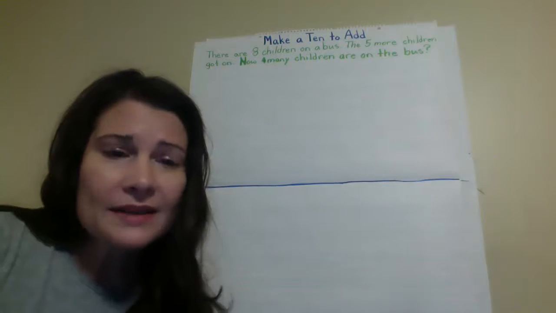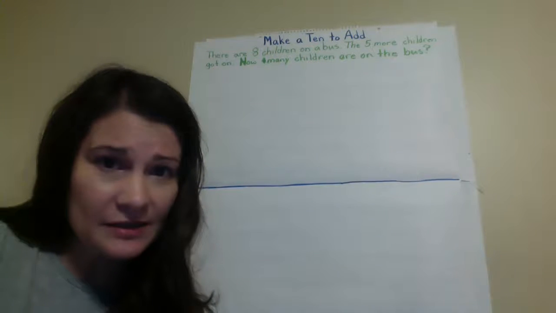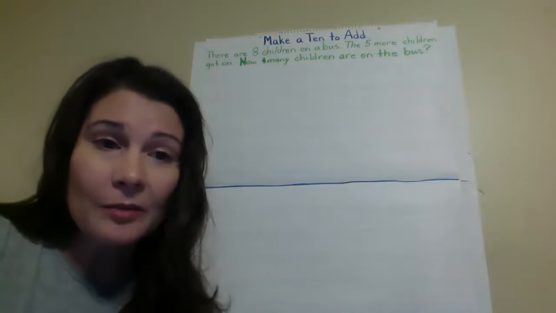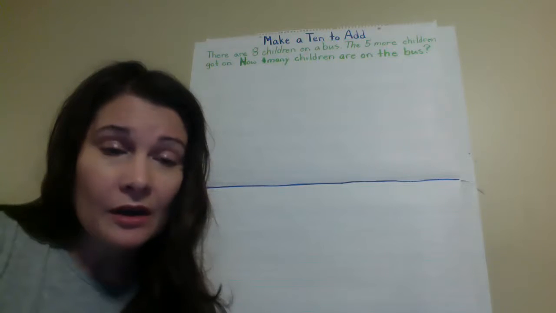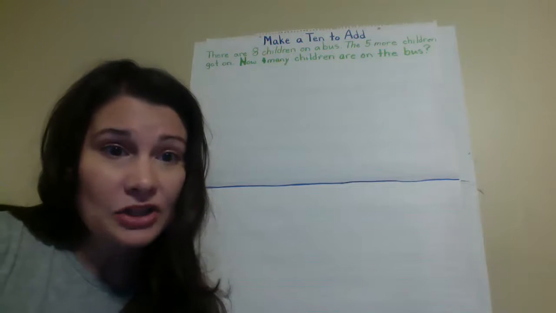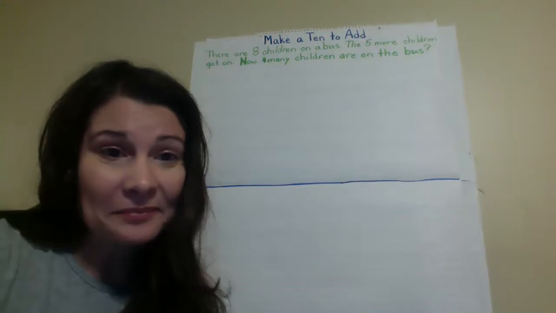Think about what it's asking you to do. If there were 8 children on the bus and 5 more got on the bus, how many are on the bus now? Go ahead, show me a model and an equation. Hit pause, and when you're ready, hit play.